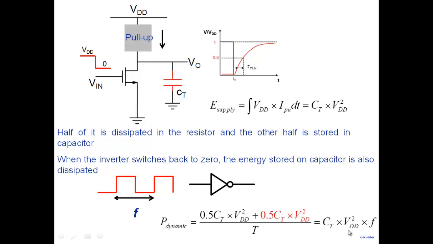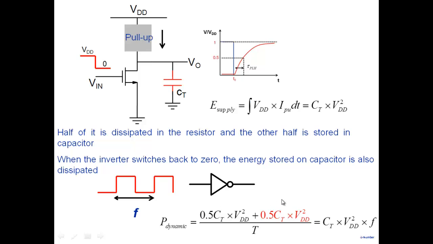Why is there dissipation? Where is the power being dissipated? It's all due to these nodes being charged and discharged. All right. So if I look at any typical node in my digital circuit, I have a clock running all along my whole chip.